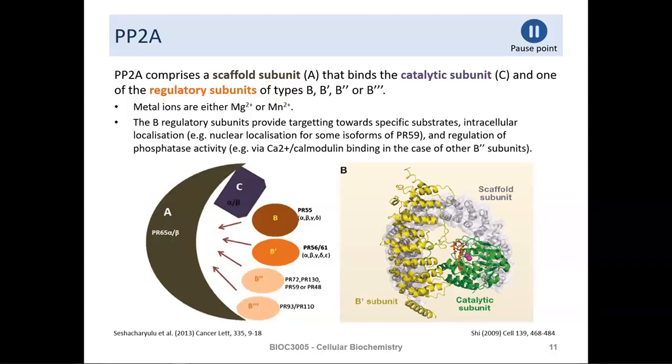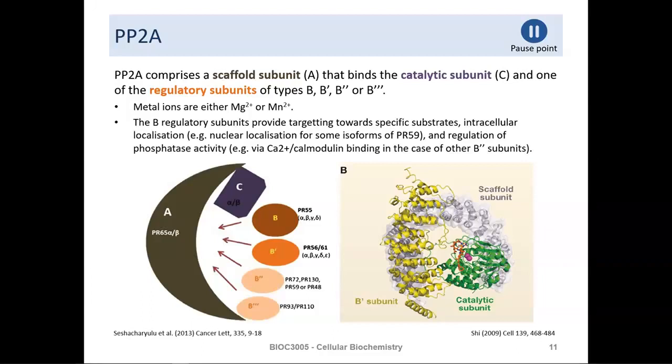Each regulatory unit type also has subtypes, which we can see here in the diagram. The PP2A is able to bind to metal ions, either magnesium or manganese. And again, the B regulatory subunits provide the enzyme targeting towards a specific substrate.